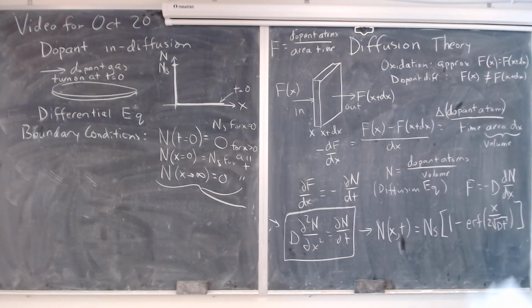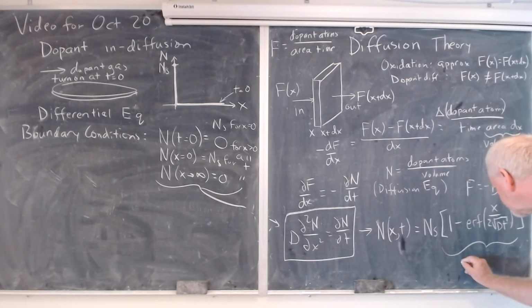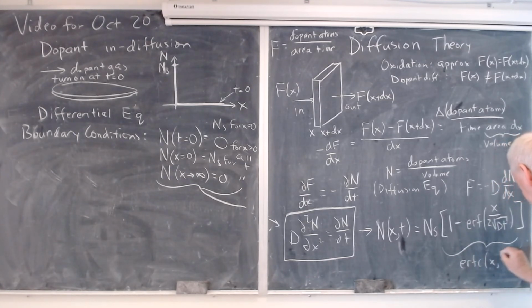That's sometimes called the complementary error function. The complementary error function is equal to 1 minus the error function.